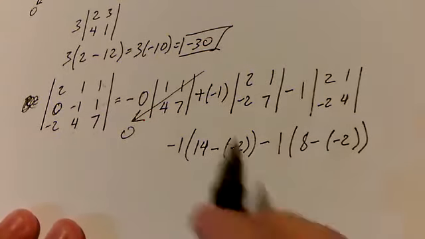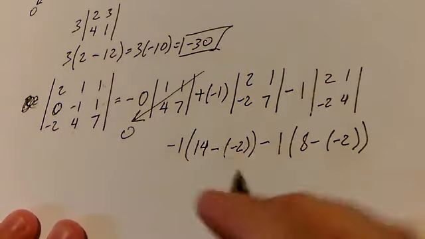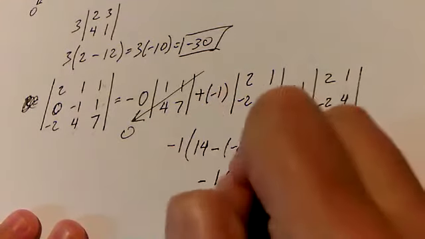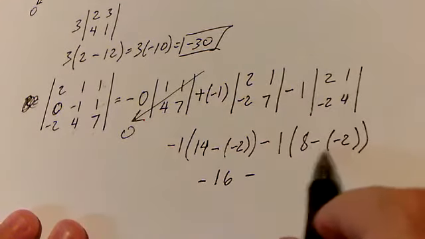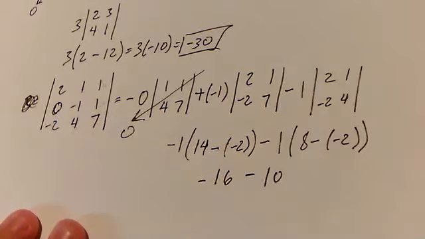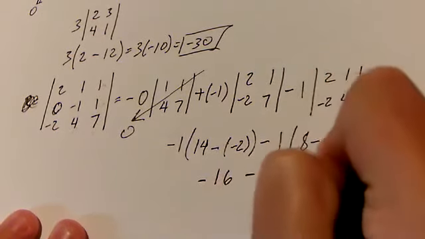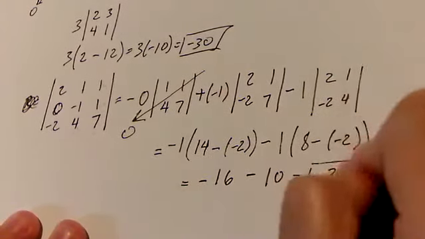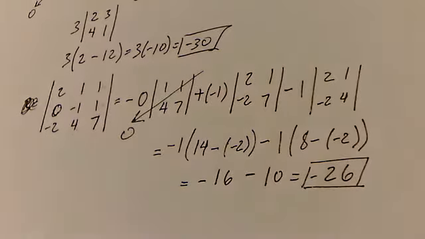So let's figure out what we have here. I have 14 plus 2. I have 16, but it's negative. Okay, I have negative, and then this is 8 plus 2, so it's 10. And add those together, and I get a -26. And there is my determinant.